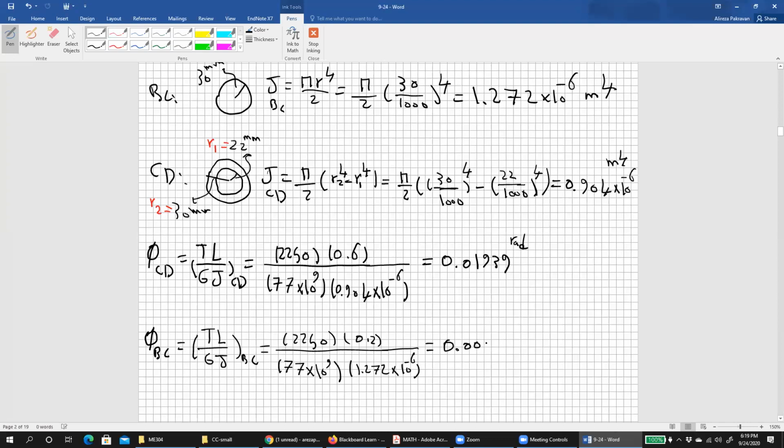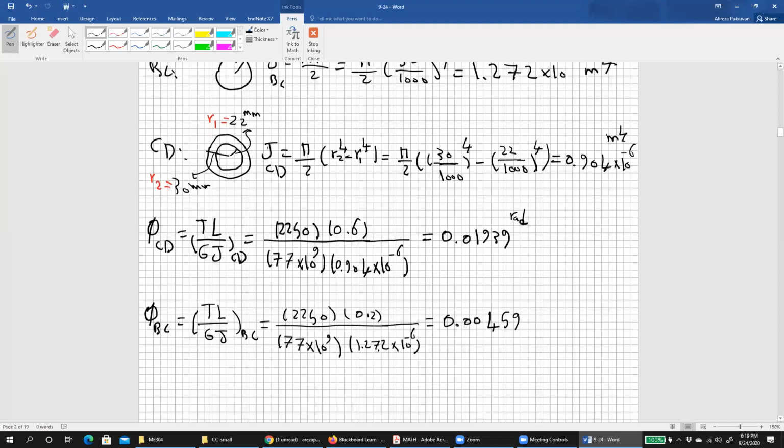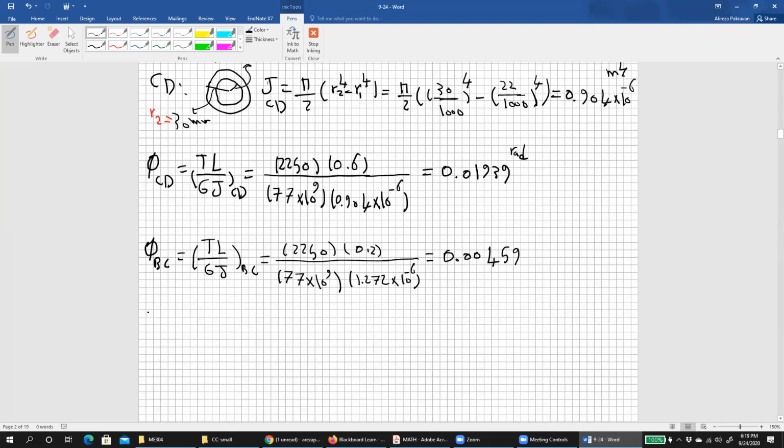If you remember in chapter 2, I said the elongation is a very small value. For the same reason, the angle of twist should also be a very small value, right? If you reach a large value, maybe 1, 2, 5, then for sure you have some error or mistake during the calculation, right?